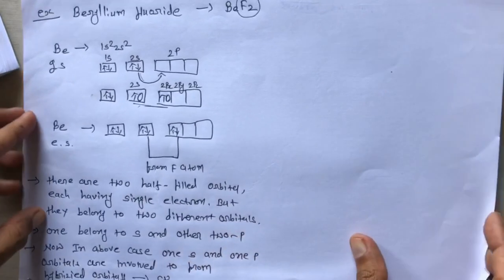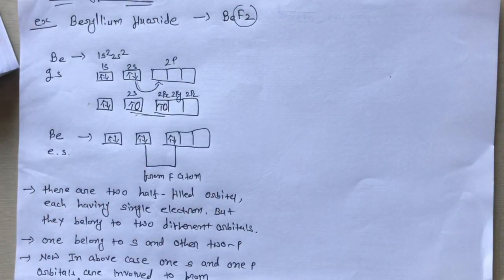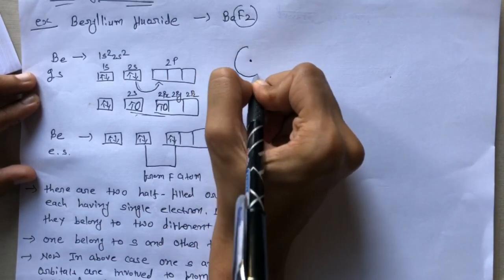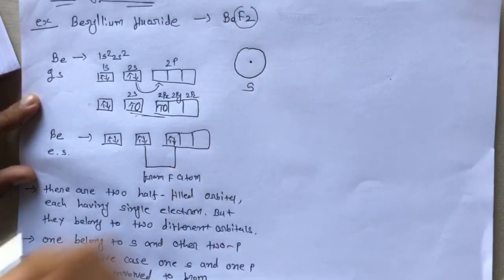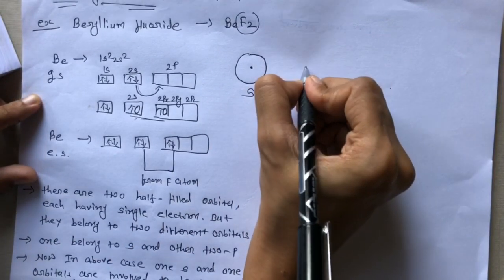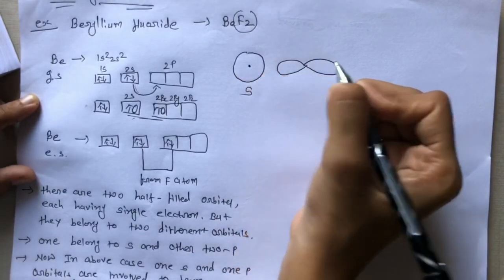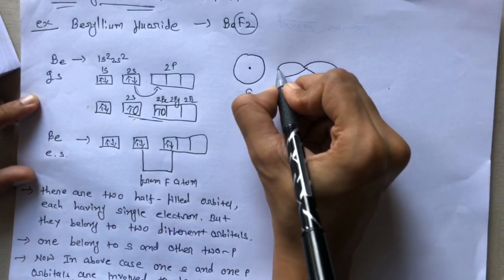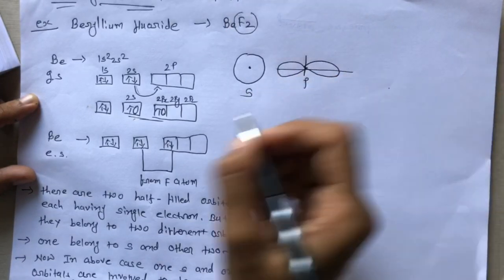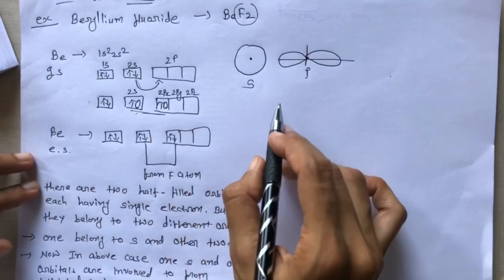Now what is the shape of this particular orbital? S, you all know. This is the nucleus and this is the S shape, right? And now P. These are the shape of P, perpendicular. This is the P. Now what is exactly the mixing of S and P?